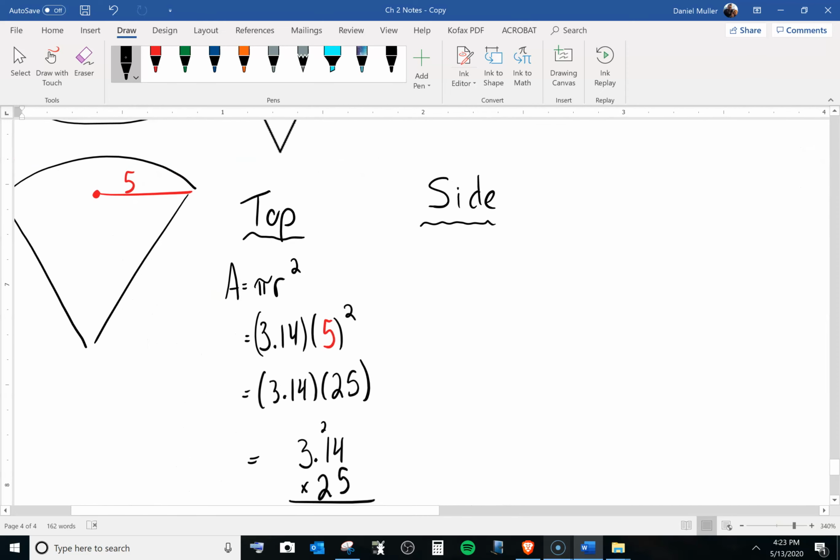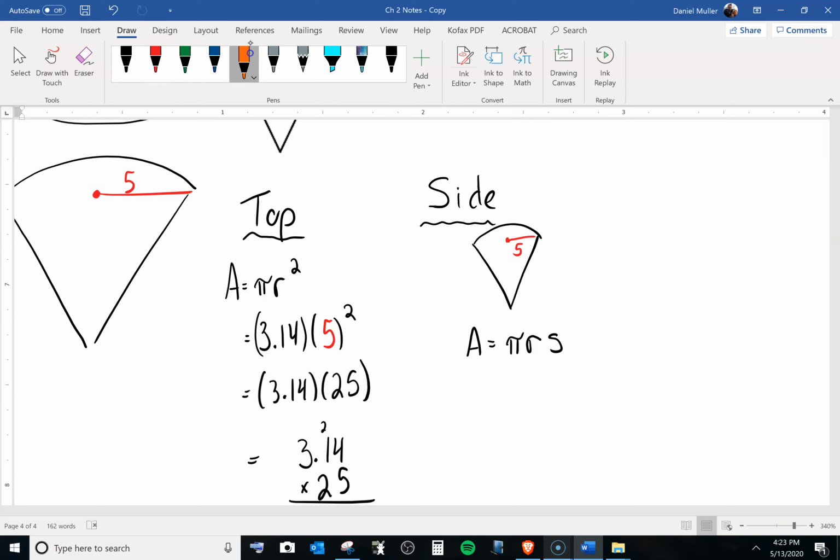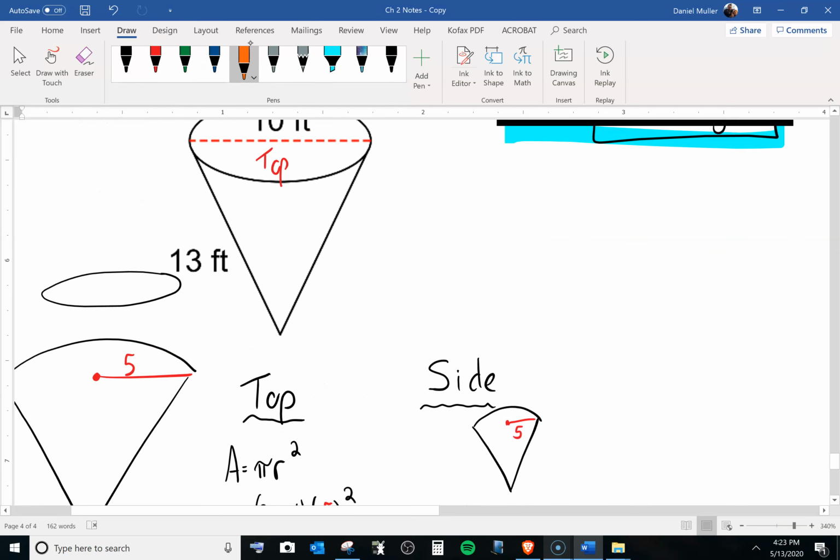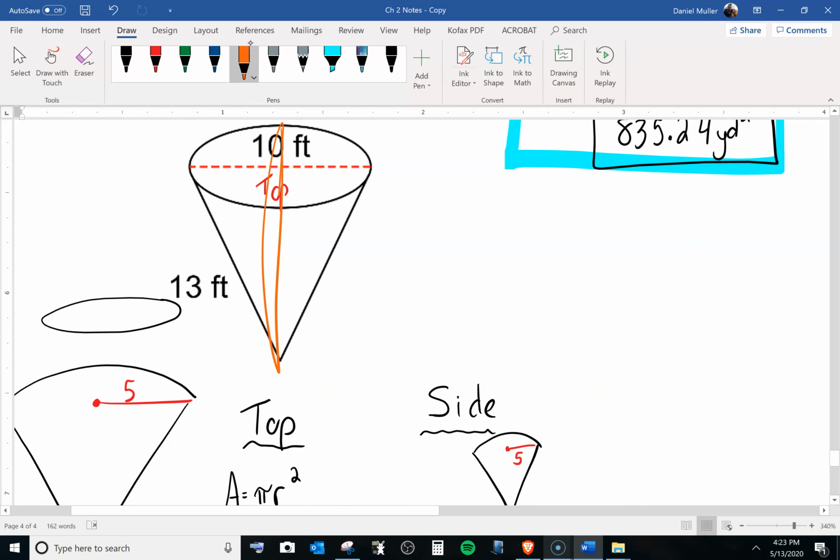And then we've got this body part, this side, which looks something like that. And we know the radius is 5. Now, the formula for this is pi r s, and we haven't seen s before. S is not the height of the cone. We actually don't know how tall this cone is.